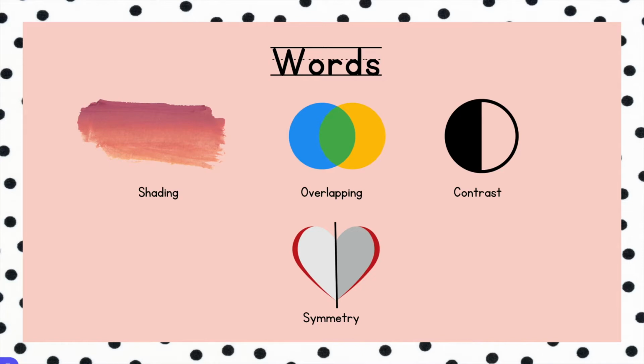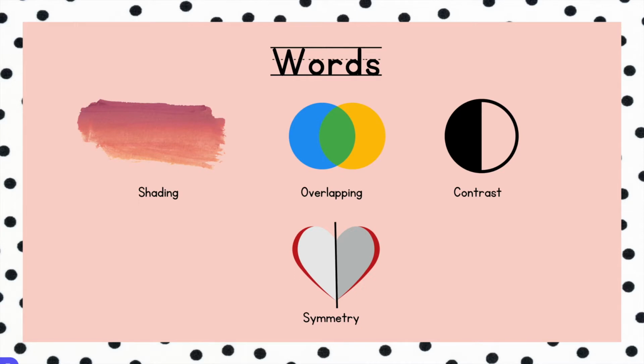So shading is when we use a darker color, or darker value, to try to show 3 dimensions on a 2-dimensional piece of paper. So we might use darker pink on top of a lighter pink to make that shape look 3-dimensional. So I'm going to show you some ways that we're going to use shading in our bee drawing.